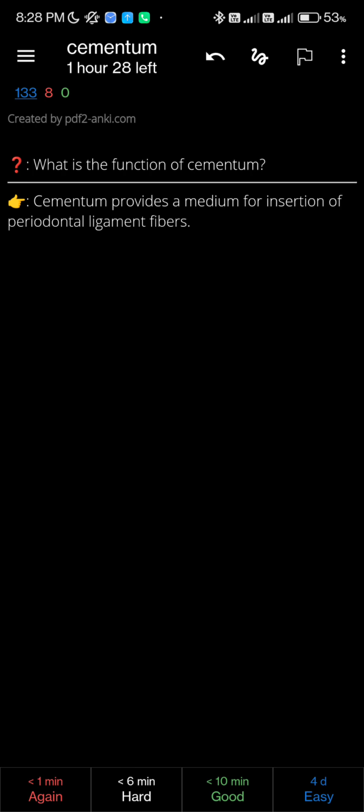Cementum provides a medium for attachment of periodontal ligament fibers.